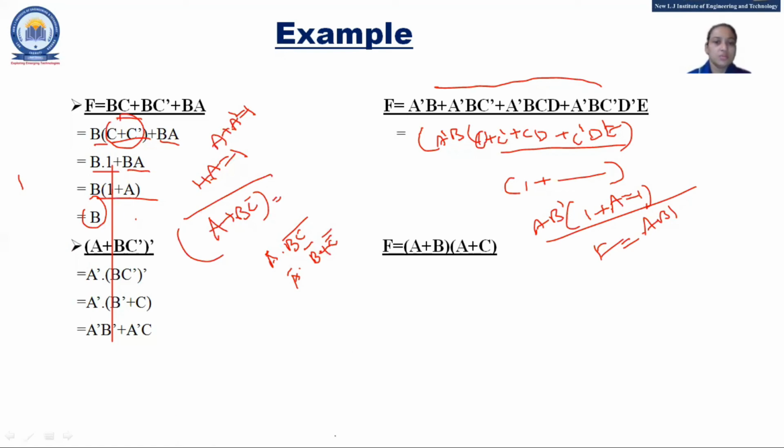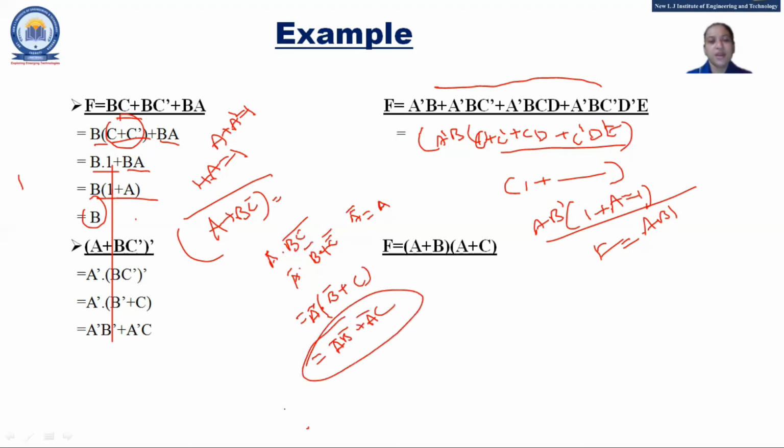So here A bar dot (B bar plus C), and A bar bar by involution becomes A. Now if we multiply this out, A bar B bar plus A bar C. So we get this simplified equation.